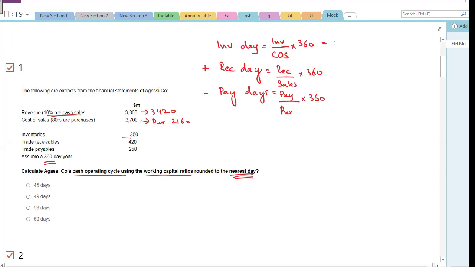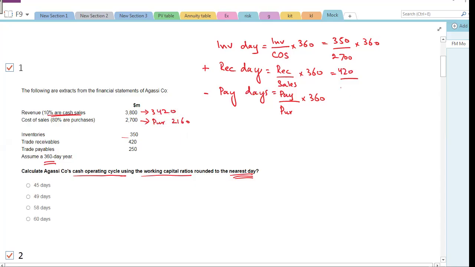Inventories is given to you, 350 divided by the cost of sale, which is 2,700, multiplied by 360. For receivables, it's the receivables amount 420 divided by sales, which is the credit sales.